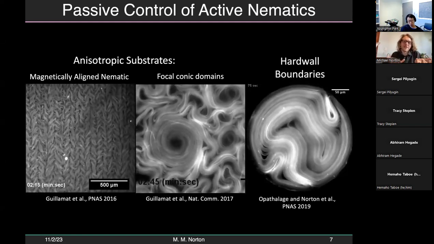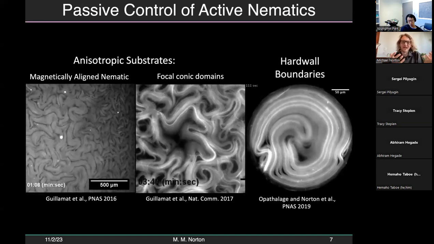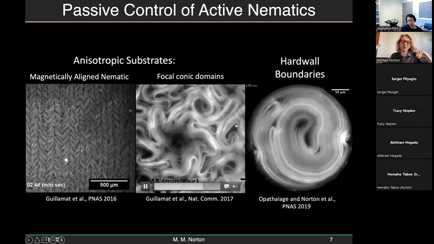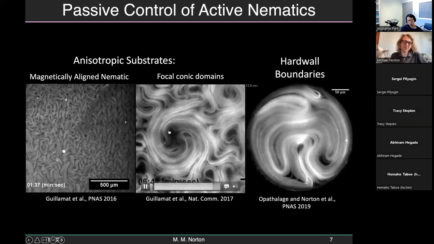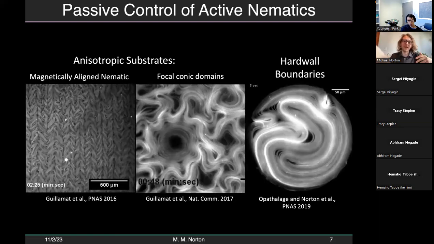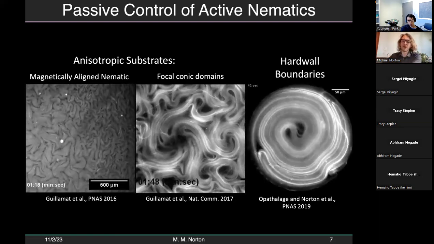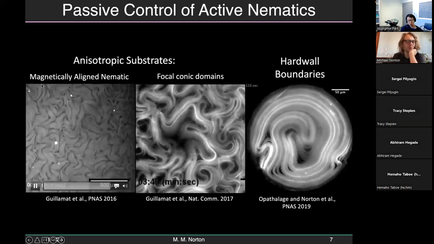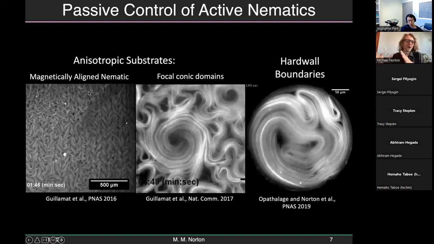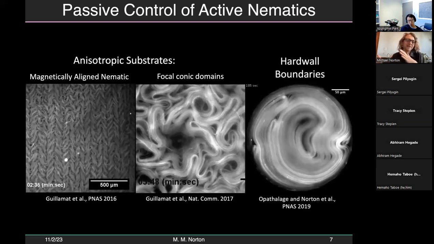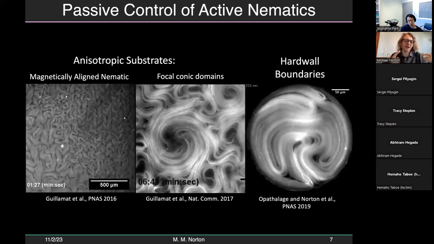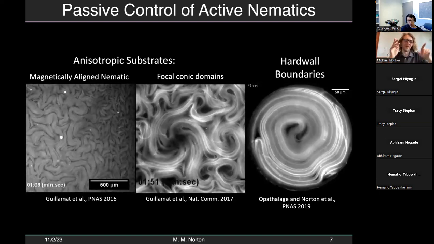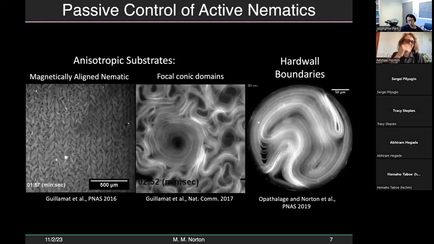Usually that oil is an isotropic oil, and doesn't have any special properties. But if you replace that oil with another liquid crystal that forms some kind of ordering, then that ordering can have an influence on the dynamics of the microtubules. In the one on the left, the underlying liquid crystal layer has been aligned with a magnetic field, and now the microtubules have an easier time flowing up and down than from left to right. So you get this laning that shows up.